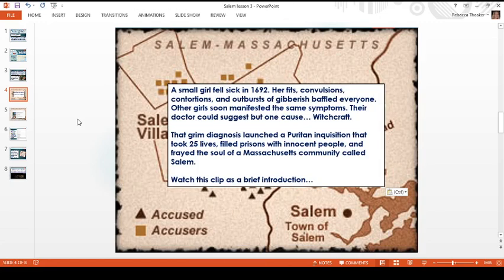So what actually happens then? A small girl falls sick in 1692. She has fits, she has convulsions, she has contortions. Again, contortion is when you move your body in slightly unusual ways. She screams, she has outbursts of gibberish where she doesn't talk any sense and she just kind of waffles on.